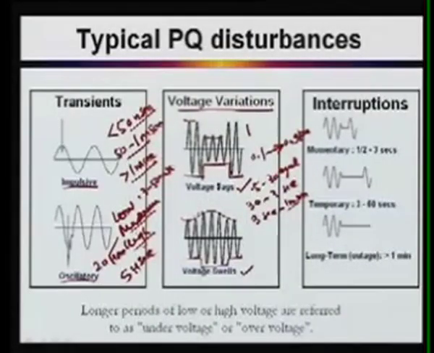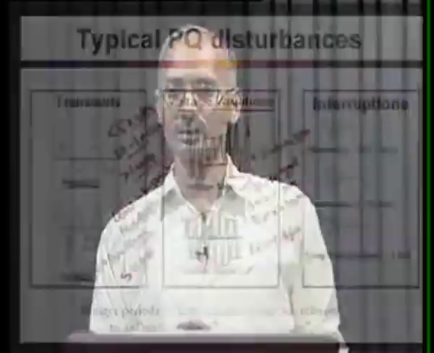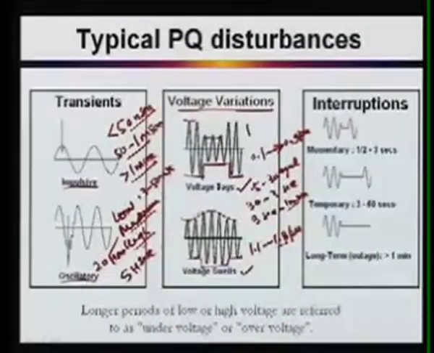Another is your swell. Swell here, if your voltage increased from 1.1 to 1.8 per unit, it is known as voltage swell, meaning voltage increase. Again, this is classified into three categories. One is instantaneous, which is again from 0.5 to 30 cycles.